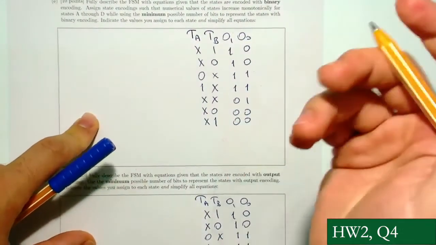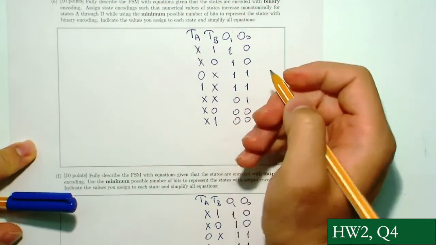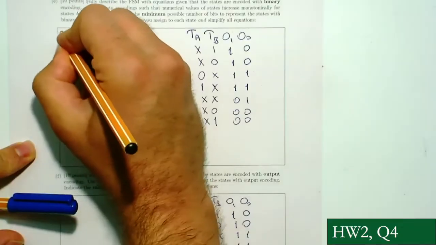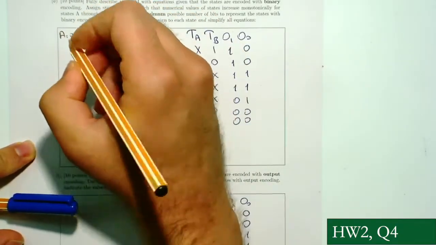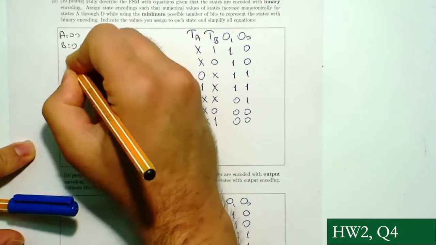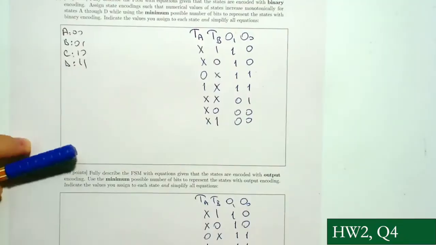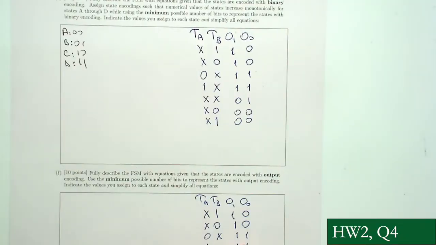So for the binary encoding, basically we can use 2 bits to represent four states, right? So I'm going to represent A as 0, 0, but it's all up to you how you represent. It doesn't really matter. But make sure that you use the minimum amount of bits to represent the states.